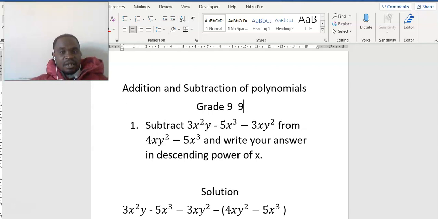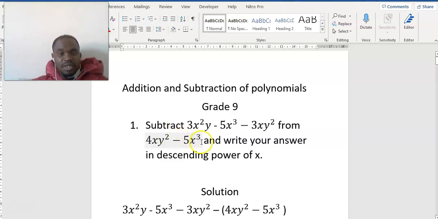If you are told to subtract 7 from 10, what is it going to be? 10 minus 7. Is that okay? So this one, the question is saying subtract this one from that one. That's what the question is saying.